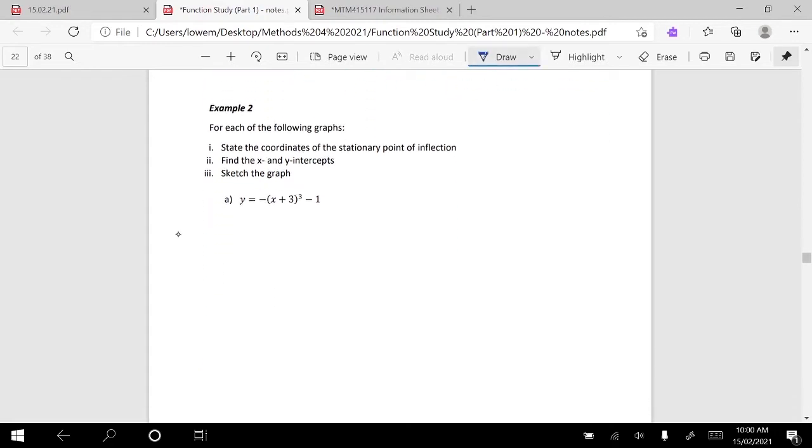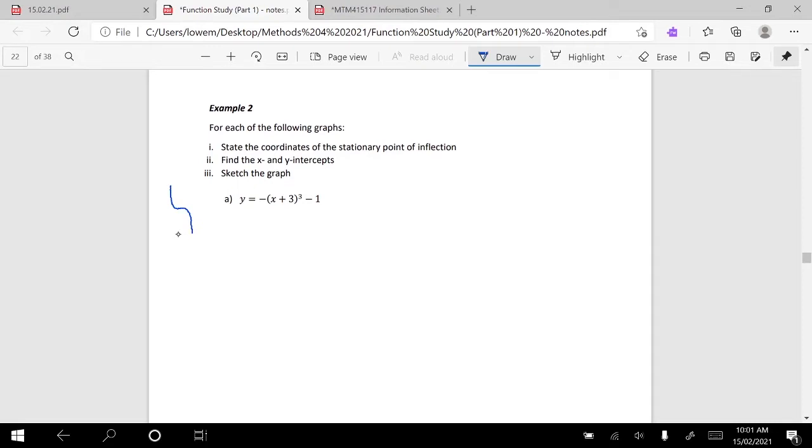Now we're looking at doing some sketching. For this particular graph, y equals negative (x plus 3) all cubed minus 1, the negative means that it is a reflection in the x-axis. So it's going to start high and go down low, so it's going to have that shape.